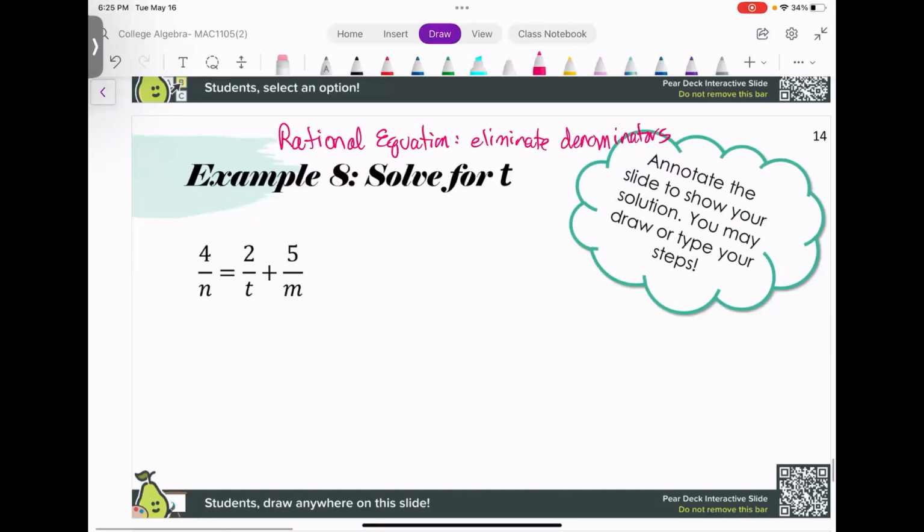But a common denominator can be found by multiplying all the denominators together. And if I multiply every single term by n times t times m, here's what happens.